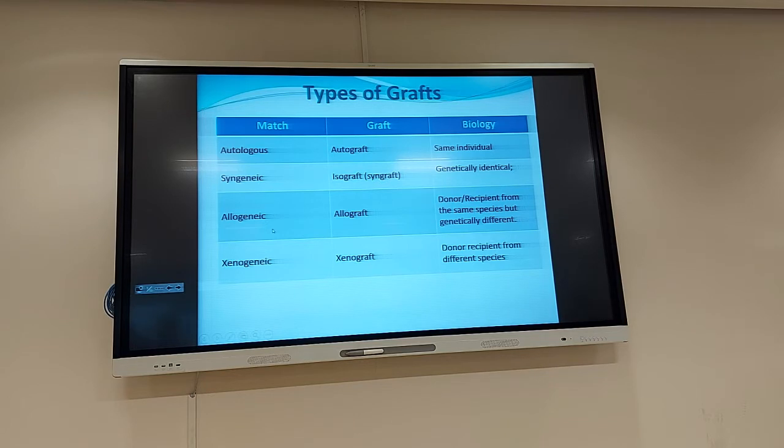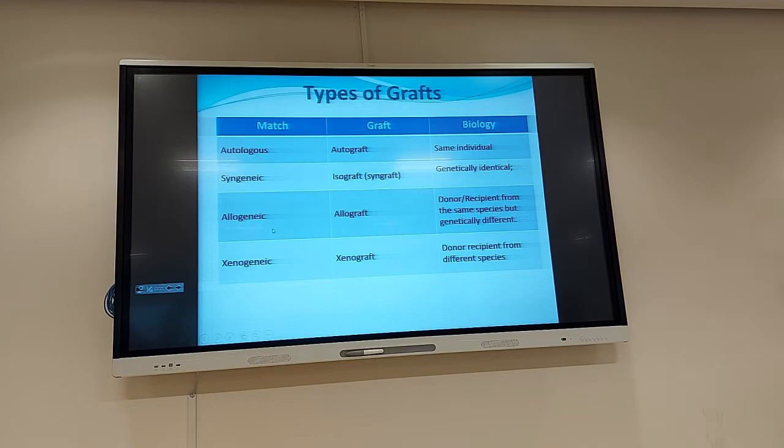And generally, with immunosuppressives now, graft rejection is not that much of a problem. But when you have this big difference in the genetics between the donor and the recipient, this is known as an allogeneic graft, or an allograft.